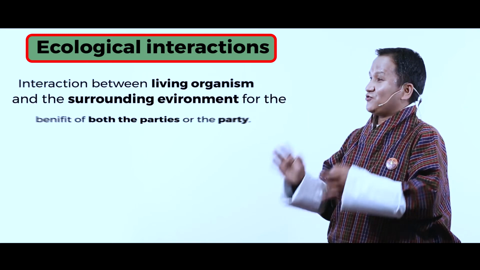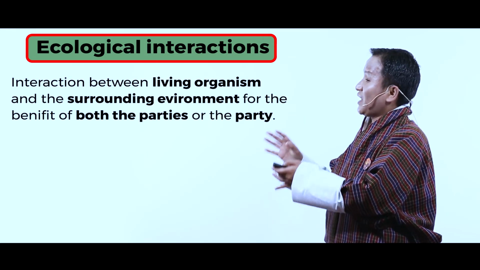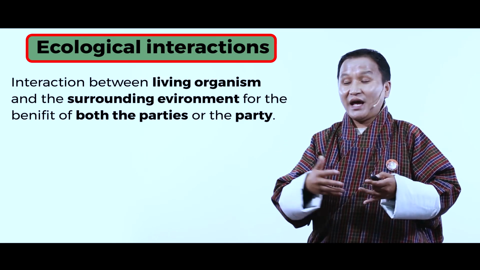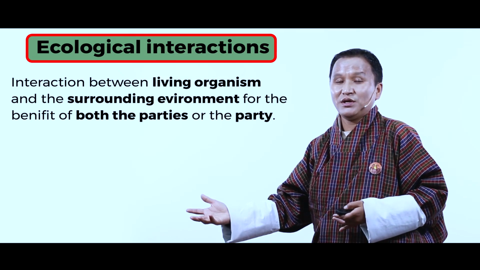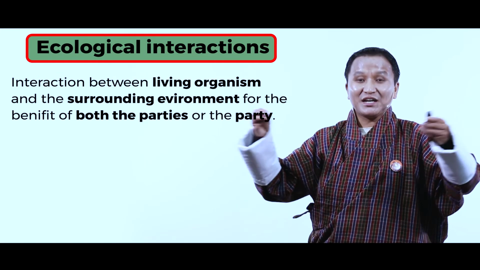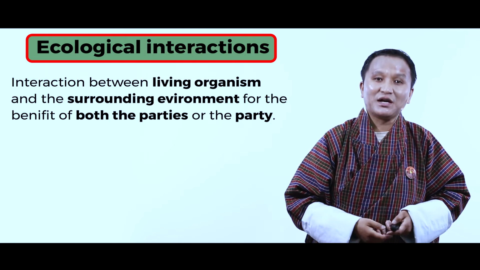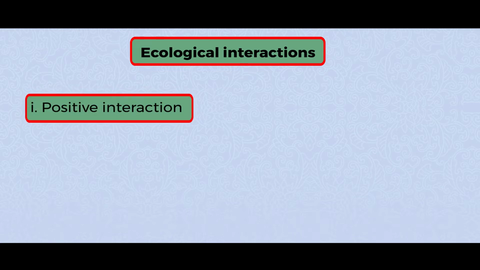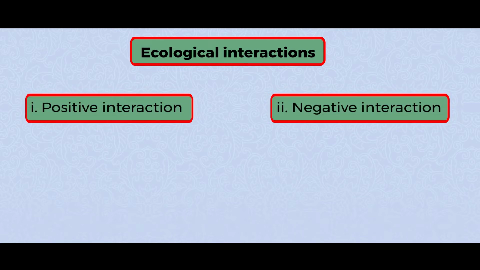So ecological interactions are those interactions happening between the living organisms and with the surrounding environment, for the benefit of both the parties or for one party. Accordingly, ecological interactions can be of two types: positive interactions and negative interactions.